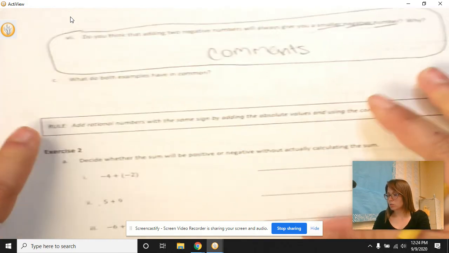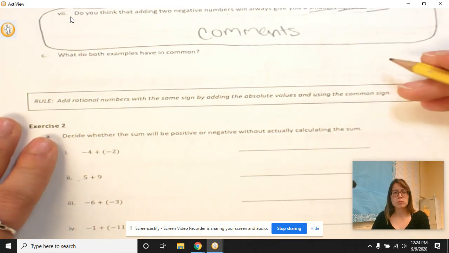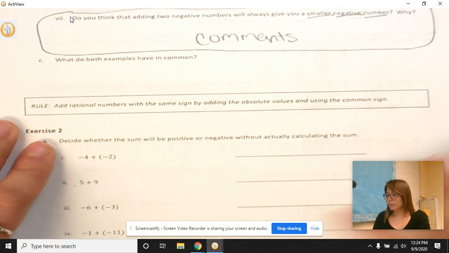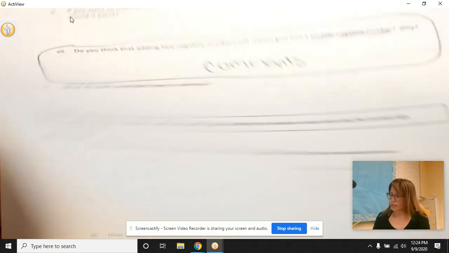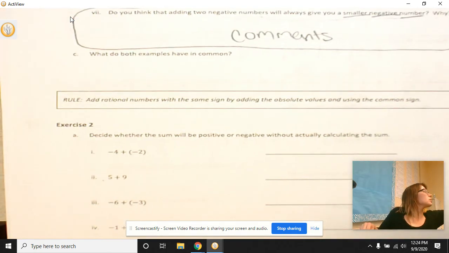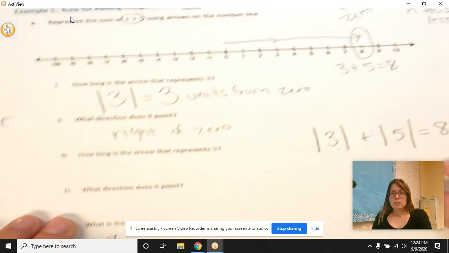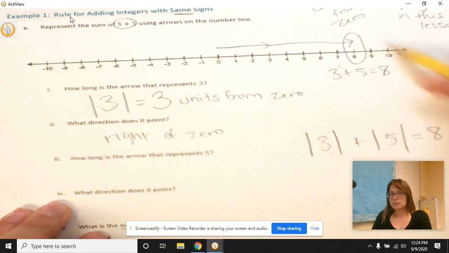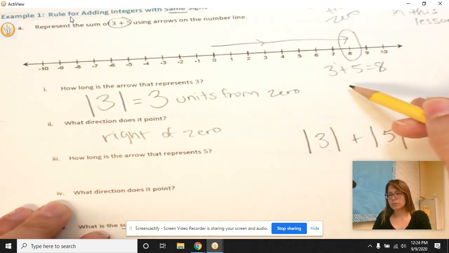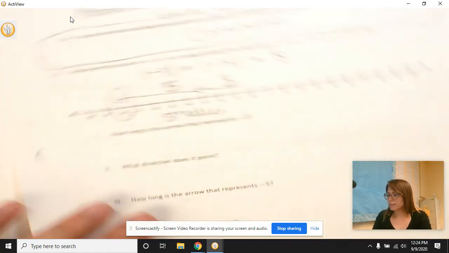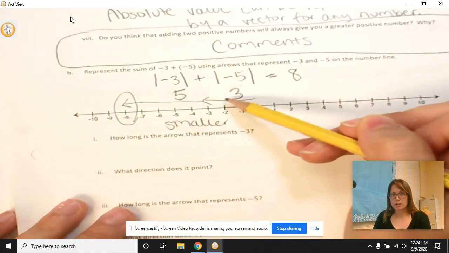Okay, so if we look at what both examples have in common, the first one that we did where we added 3 and 5, where's that page? Let me grab that. How was adding 3 plus 5 similar to adding -3 and -5?